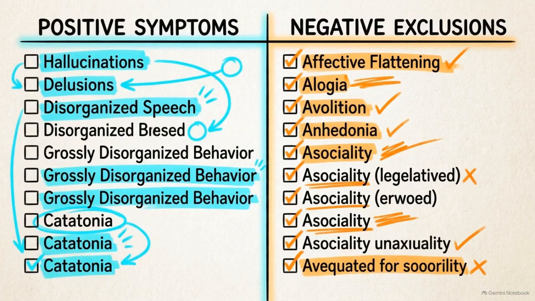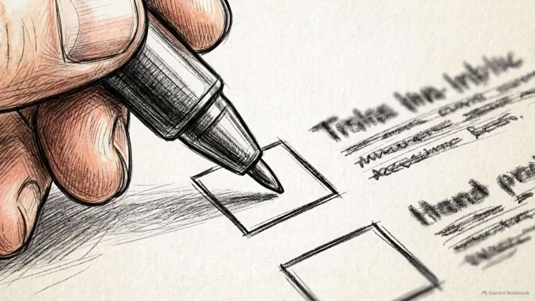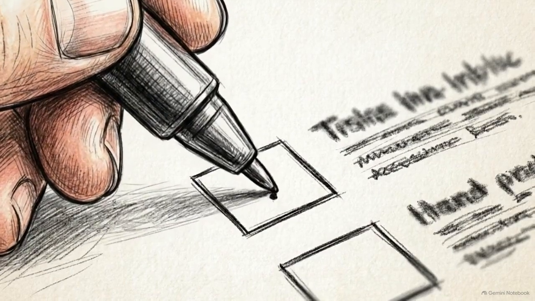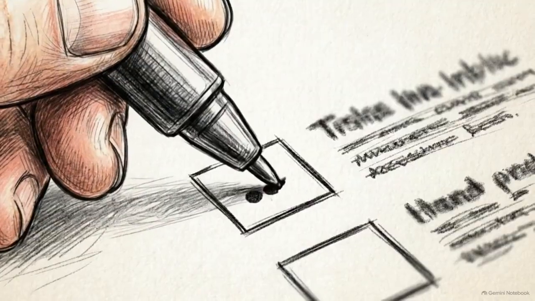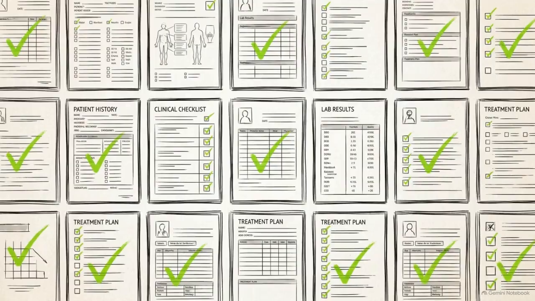Clinical accuracy relies on the deliberate tension between positive symptoms and documented exclusions. Precision in psychiatry requires identifying the specific symptoms the patient lacks with the same rigor used to identify pathology. The mental status examination provides the structural logic for building accurate, safe, and defensible psychiatric diagnoses.